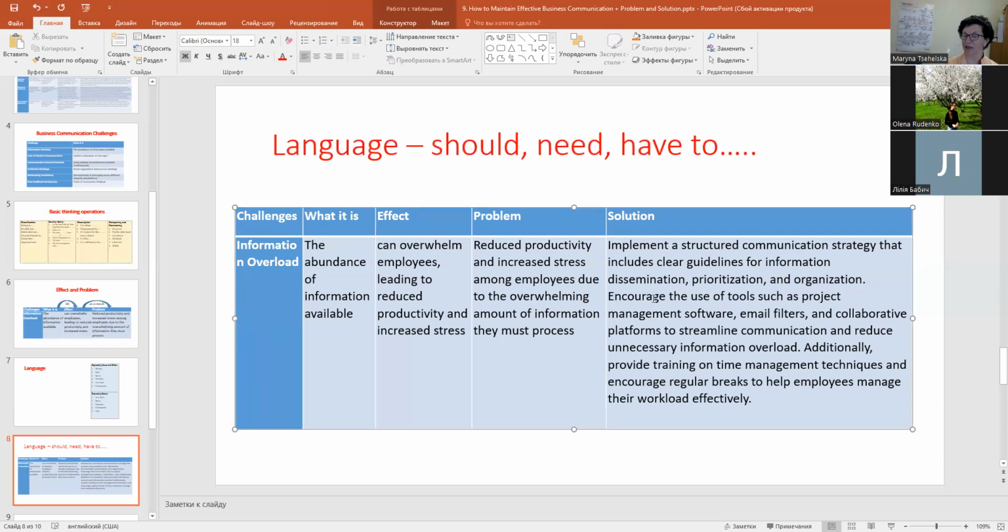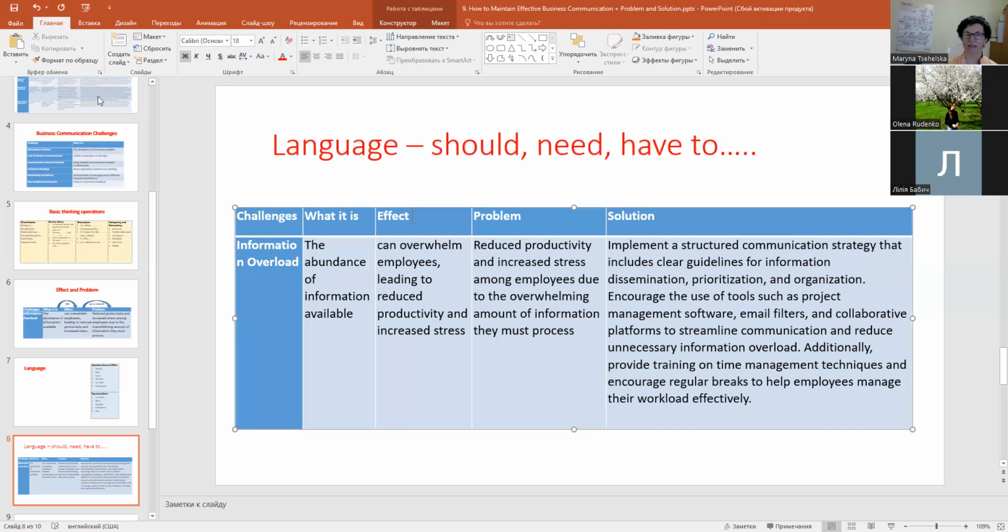You need to encourage the use of tools such as project management software, email filters, collaborative platforms, and reduce unnecessary information overload. Additionally, it is advisable, it is recommended to provide training on time management techniques and encourage regular breaks to help employees manage their workload effectively.